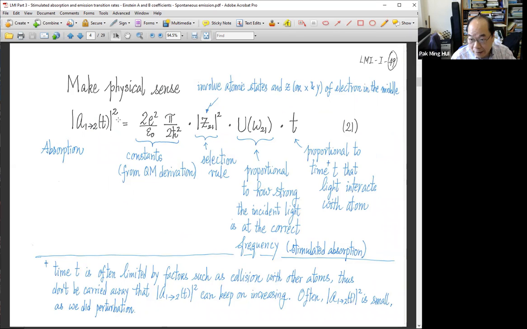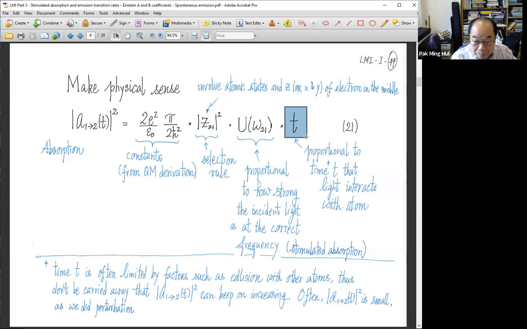What are the dependences? We already discussed this, selection rule. We already discussed this. This has to do with stimulated processes. You can interpret it as the intensity, how strong your incident field is, but you have to be at the right frequency due to the delta function peak you pick up. And then it is linear in time.